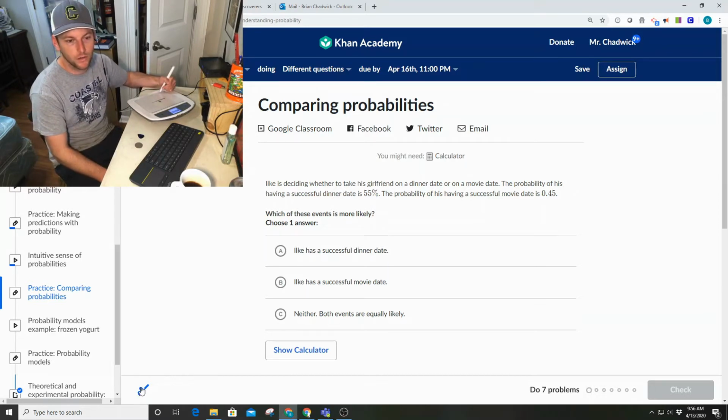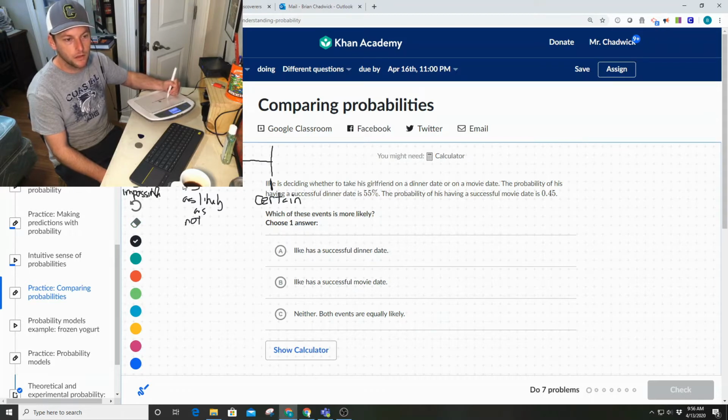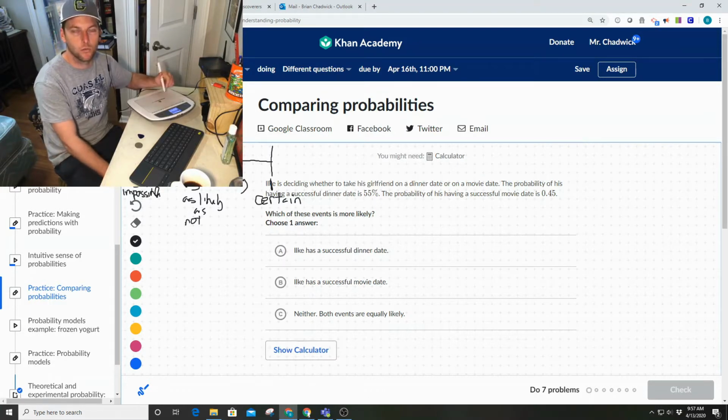And so we're really saying what is more likely to occur here. So the first one is 0.55. It's above this 0.5, so it's more likely to happen. And the movie date is 0.45. It's not saying that it wouldn't be a successful date, but it's just less likely.